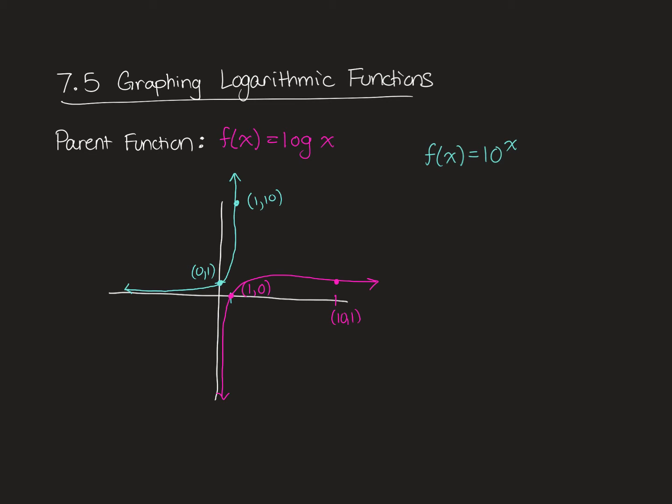If you notice, they actually mirror each other. There is an invisible line here, y equals x. It is a reflection. That's what an inverse is, a reflection across the line y equals x. So to graph a logarithmic function, we use an exponential and then just switch our coordinate points.